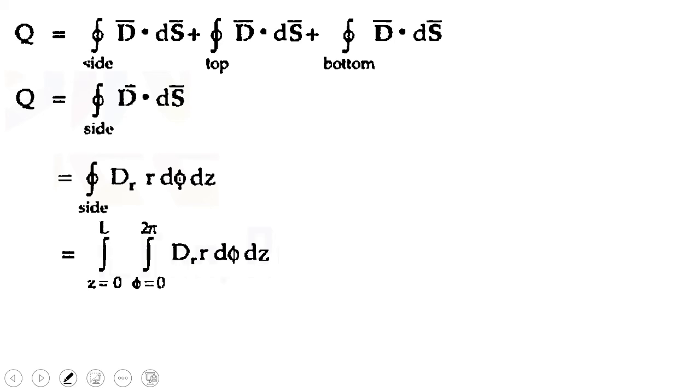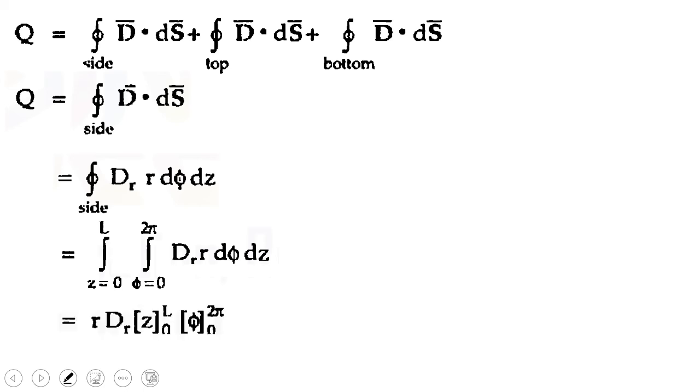For a full cylinder, the limit of φ is 0 to 2π. And we have taken the Gaussian cylinder of length 0 to L. So z is along the length of the Gaussian cylinder, so the limit will be from 0 to L. So we are applying the limits with respect to the Gaussian surface: 0 to 2π and 0 to L.